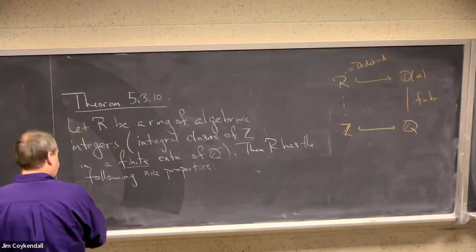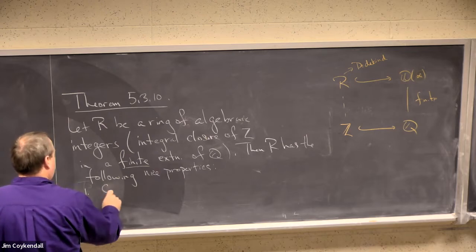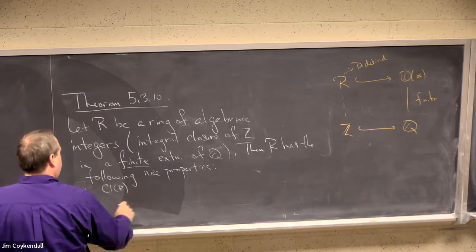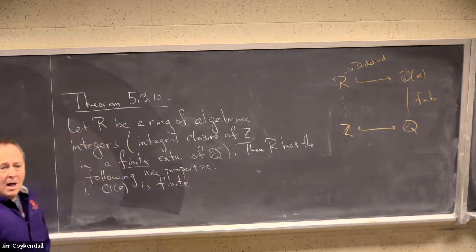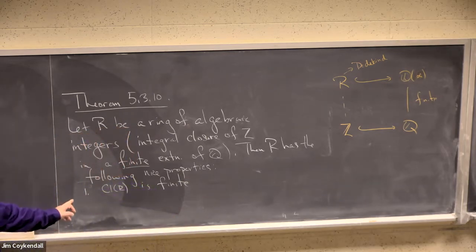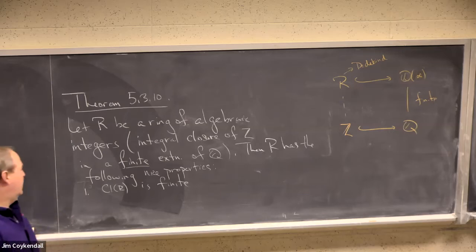Number one, the class group of R is finite. So there are only finitely many ideal classes in the class group.